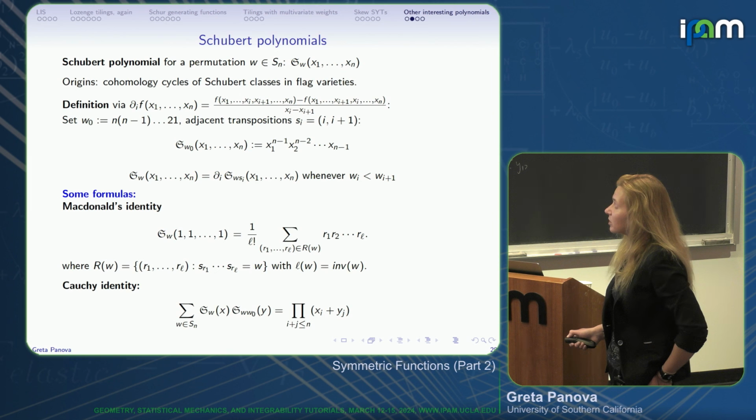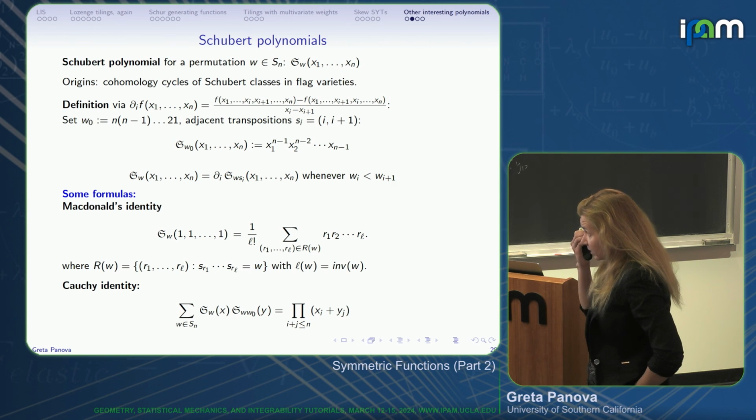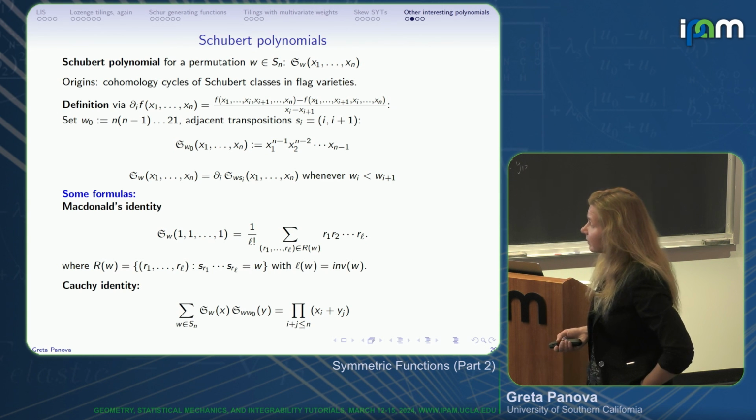And there are some identities related to that. There is a Macdonald identity, which goes over all reduced decompositions of our permutation, multiplying the indices in that reduced decomposition and weighting by the number of those, so by l factorial.